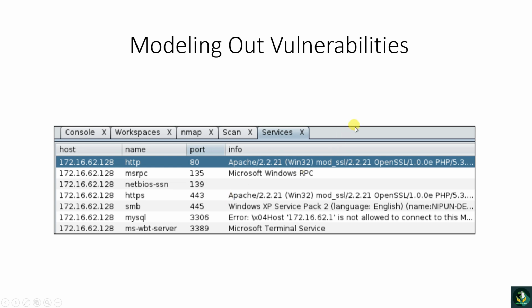So as you can see, lots of services are running, such as Microsoft DS, SMB, Microsoft Windows, Apache server. On those ports also are running, like port 445, which is running Windows XP.